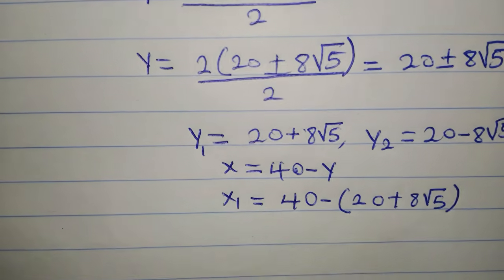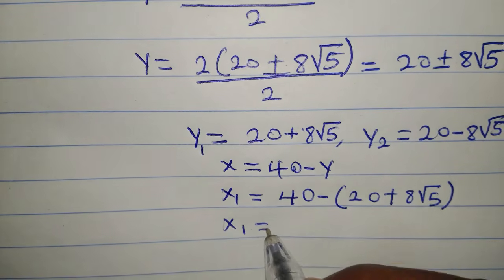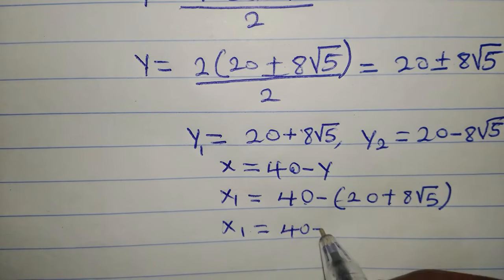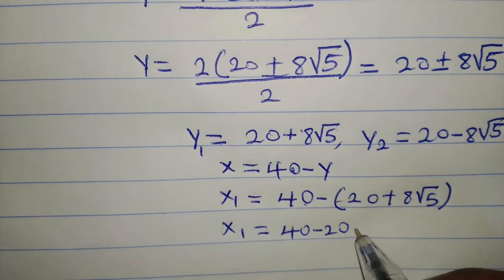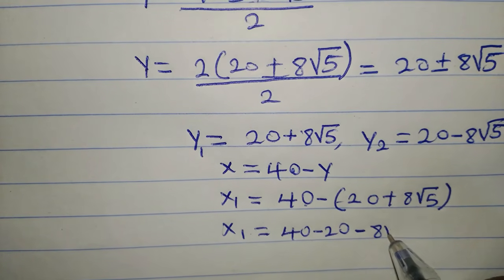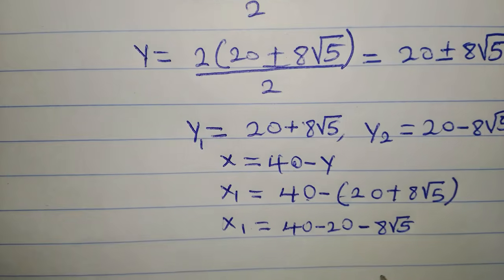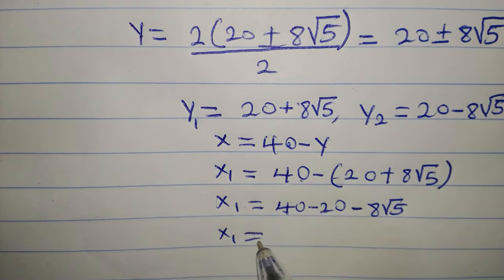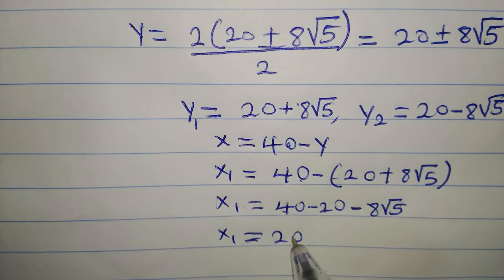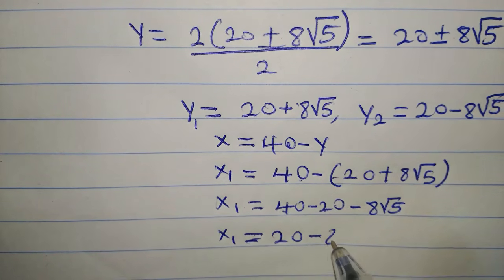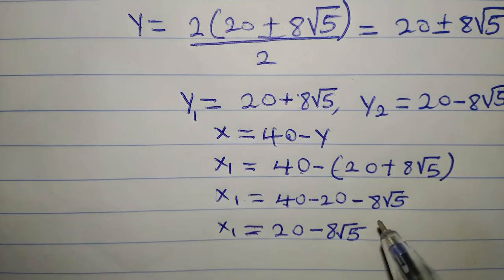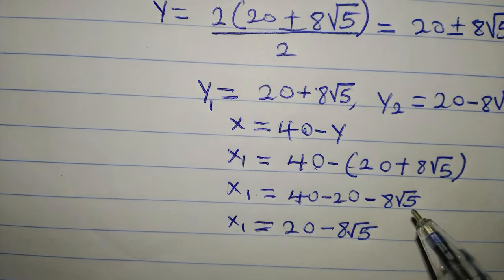If we open the bracket, we're having 40 minus 20, and it's going to turn to minus 8 root 5. Therefore our x1 is equal to 40 minus 20, it's going to give us 20 minus 8 root 5. So this is the first value for x now.